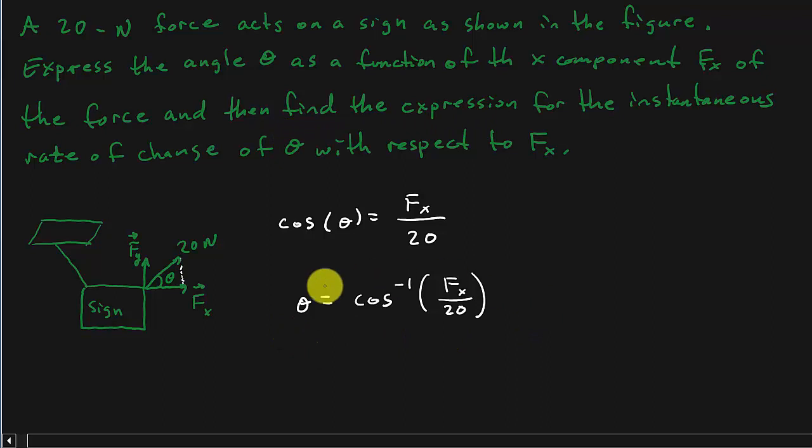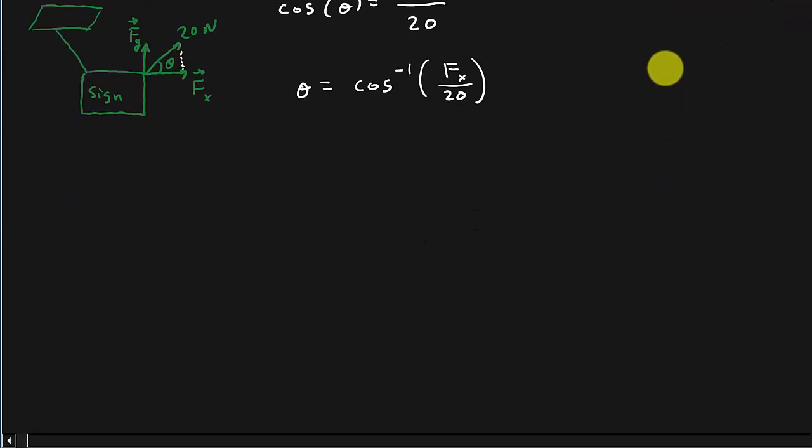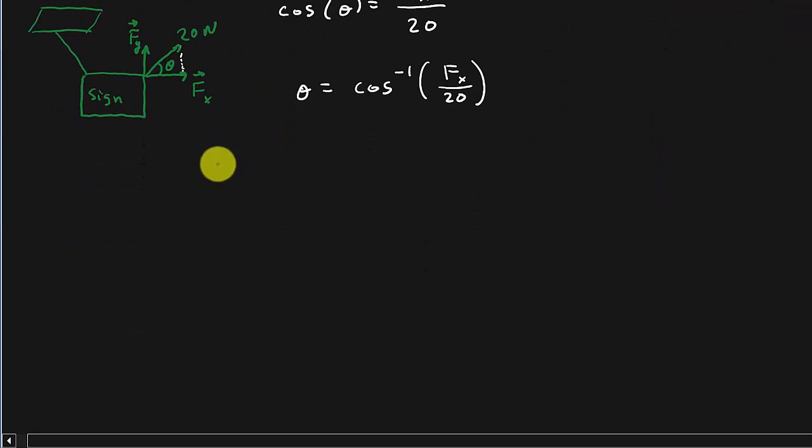So that's this part right here. Now we want to find the instantaneous rate of change of theta with respect to f sub x. And so we have d theta with respect to d f sub x. So this is our variable here.